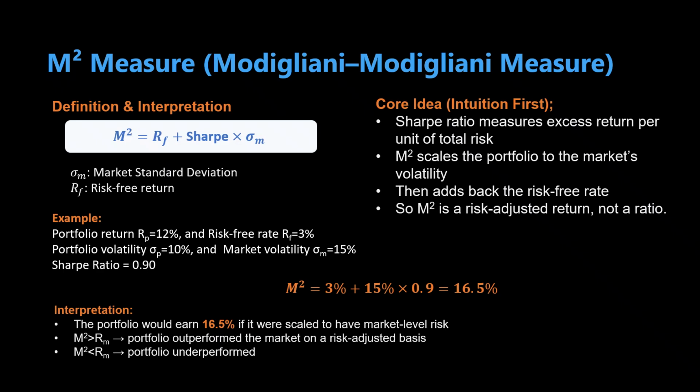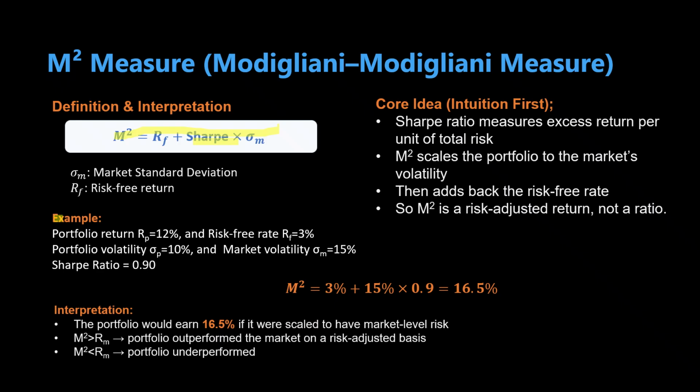The formula is M squared equals risk-free rate plus Sharpe ratio multiplied by the market standard deviation. Importantly, M squared is not a ratio, it is a return expressed as a percentage, which makes it far easier to communicate to investors and clients than an abstract ratio.